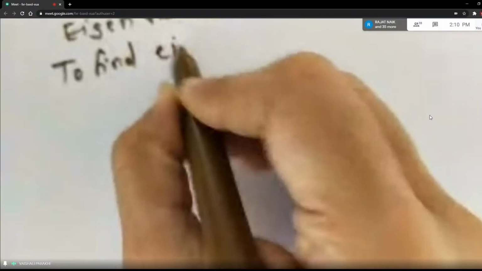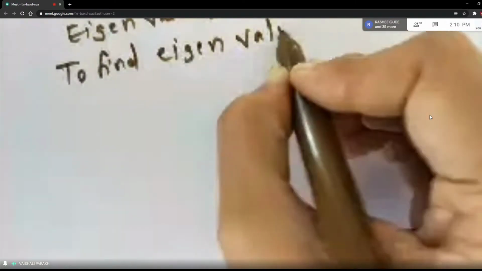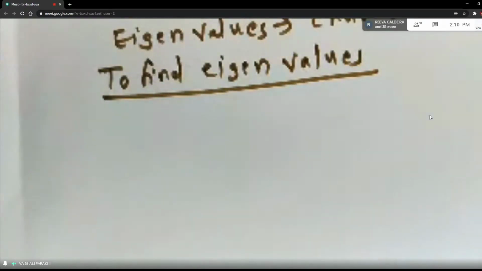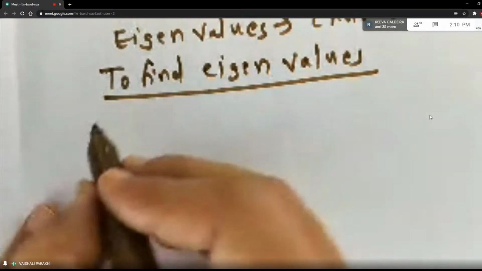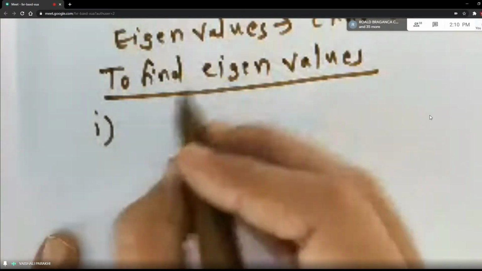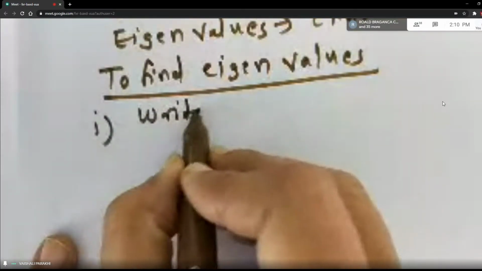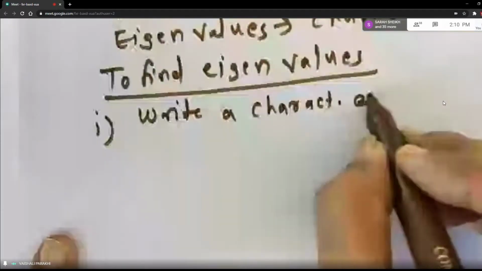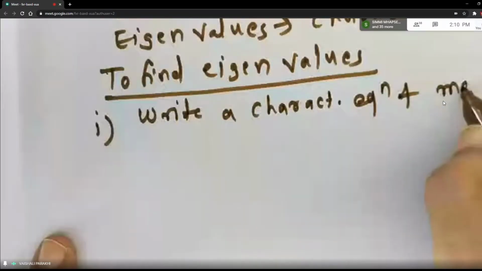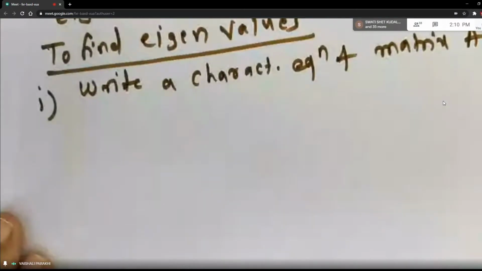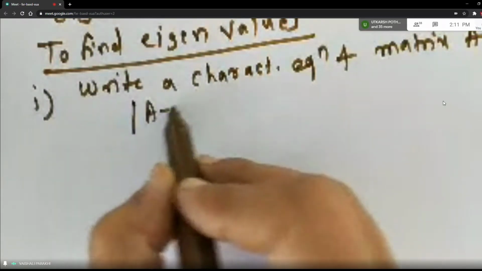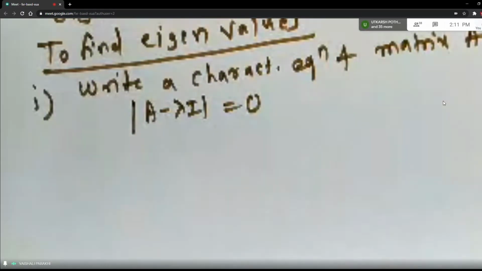To find eigenvalues, first of all you write the characteristic equation of matrix A. What is the characteristic equation, students? See carefully. It is determinant of A minus lambda I is equal to 0.